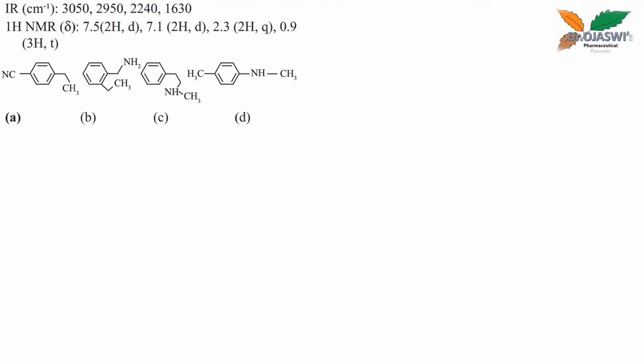As I told you about the IR data, this 2240 is very characteristic if you observe here, because around 2200 centimeter inverse, whatever peaks you get in IR spectroscopy from FTIR, those are for the triple bonds which exist between either carbon carbon or carbon nitrogen.